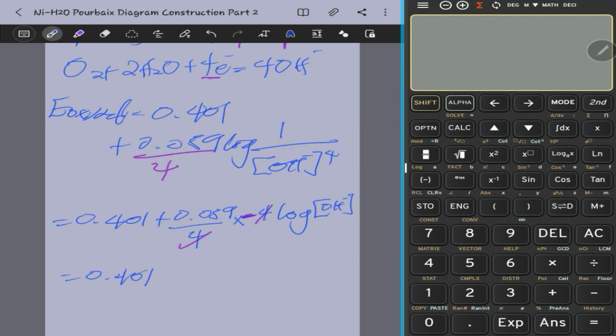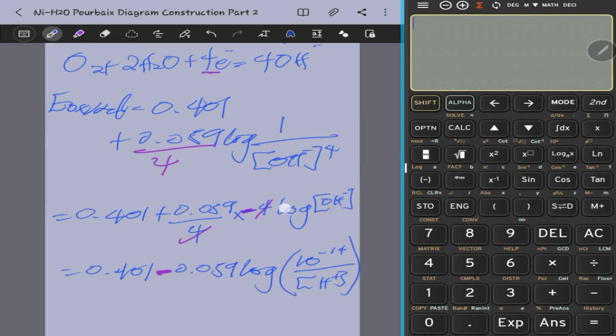0.401, 0.059, here becomes minus, then I have log 10 to the power minus 14 over H plus concentration.